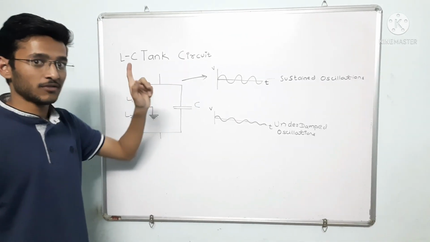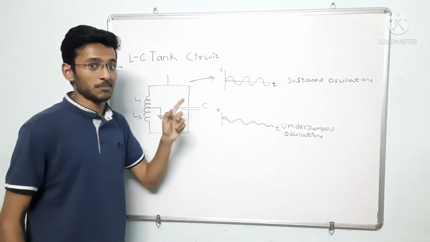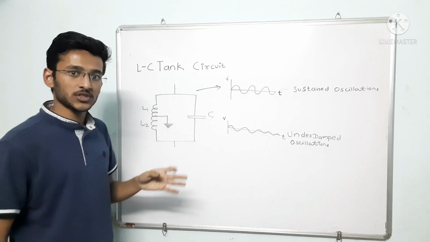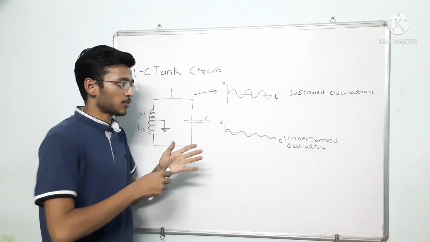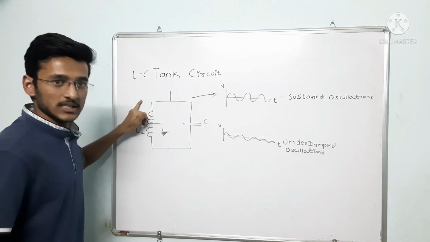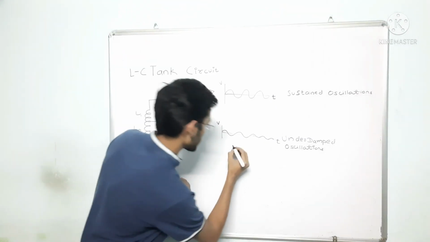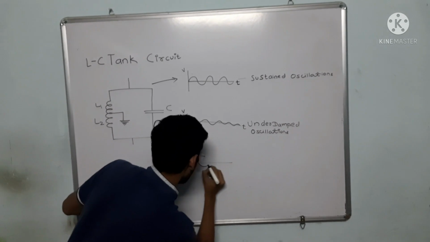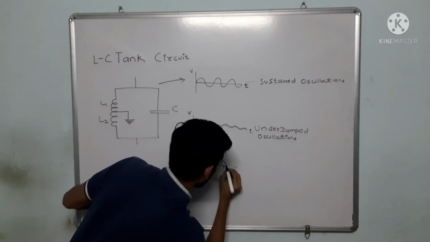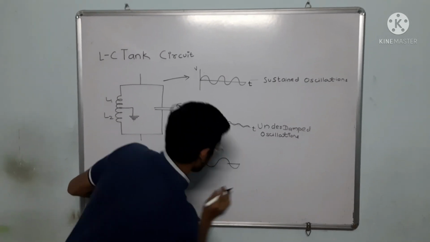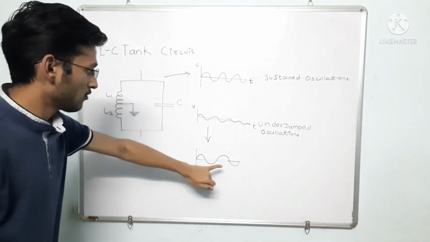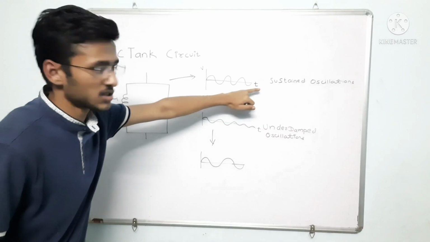As we have used an RC coupled single stage amplifier in our Hartley oscillator circuit, the job of the single stage RC coupled amplifier is to provide extra voltage to this LC tank circuit, which will result in the formation of this sine wave or these sustained oscillations, and the underdamped oscillations will be converted into sustained oscillations.